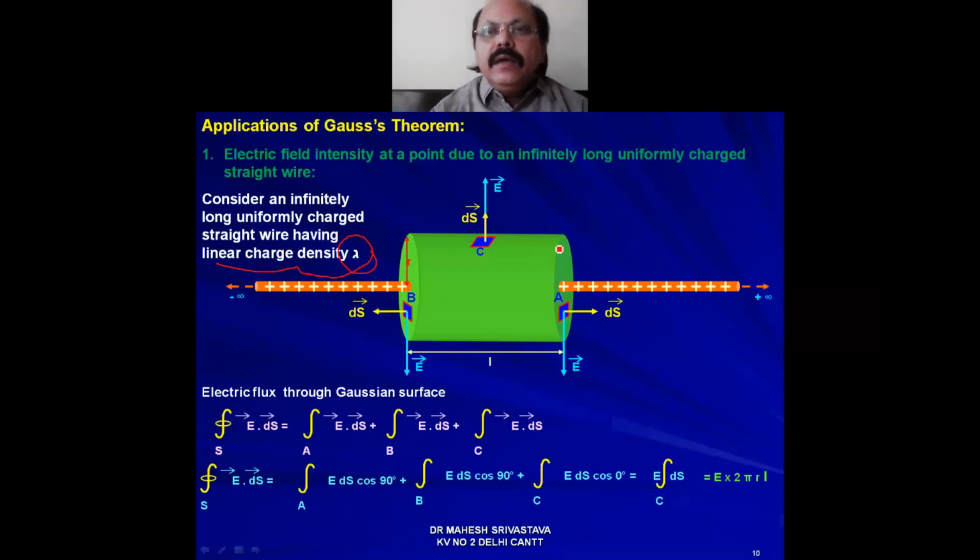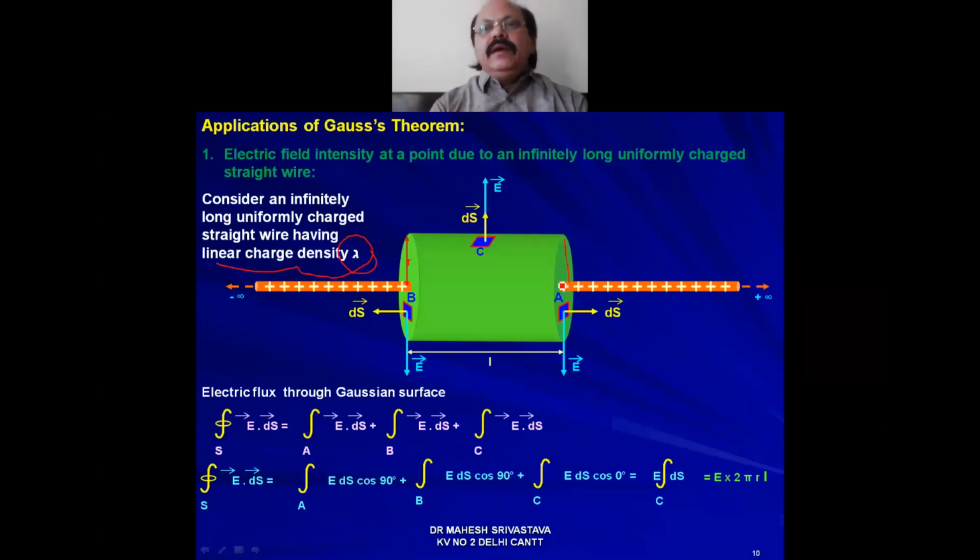See here, the radius of this cylindrical surface from the curved surface is at equal distance. If we take any point on the curved surface, it is at equal distance from the axis of the cylindrical surface.